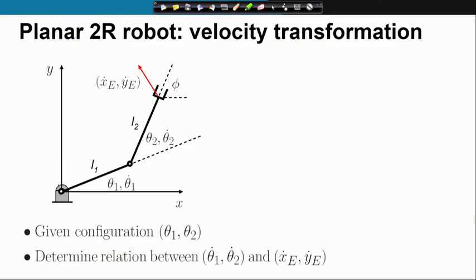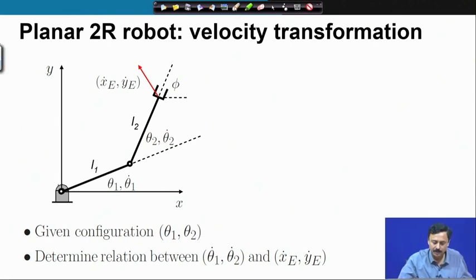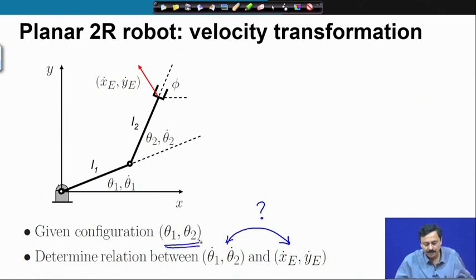So, just to recapitulate, let us go through the velocity transformation for the 2R manipulator. So, the essential problem was determination of the relations, which we have already discussed. Theta 1 and theta 2 specify the configuration of the manipulator.